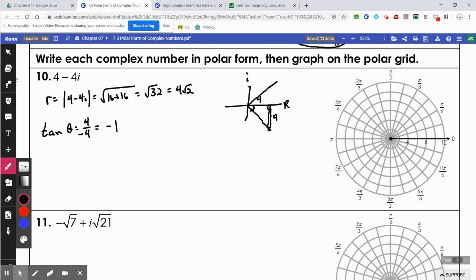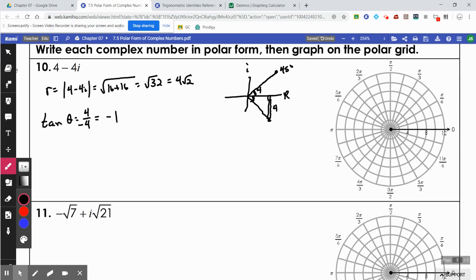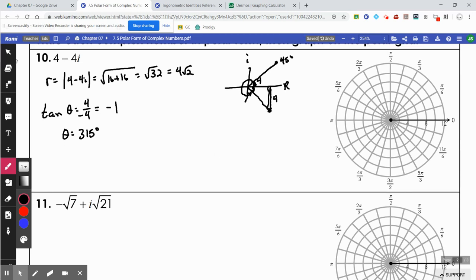So therefore, let's use our reference angle. I always like starting with my reference angle. The tangent of what is equal to positive 1? That is a 45-degree angle. So this is a reference angle of 45, and that means my theta is going to equal negative 45, or we can use this angle, which is a 315-degree angle, because my point lies in the fourth quadrant. So now let's piece it all together.